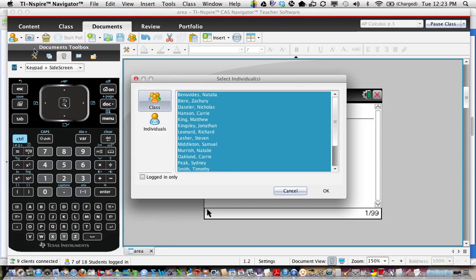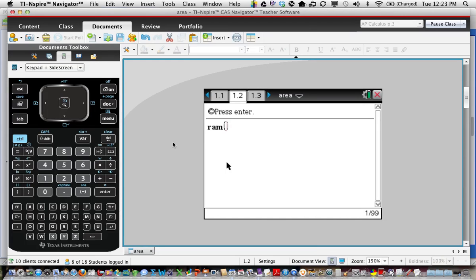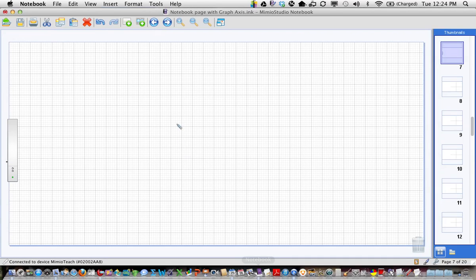Oh wait, mine won't let me. All right, you should be able to log in. You should get a document called Area, which we will deal with here in a little bit. Okay, so just set that aside for right now.